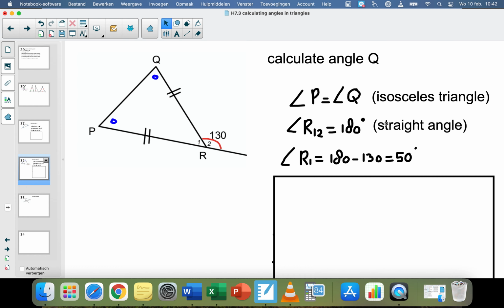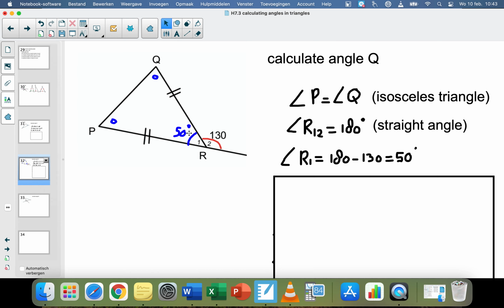We already wrote down that they're a straight angle together, so we don't have to add it another time, because it's the same straight angle. If we use a different straight angle later on, then we do have to add it again. So now we know R1. R1 is 50 degrees. If you have a figure, if you can draw stuff on it, it's always useful to add in the angles we know, because it helps to see the stuff we still can use it for.